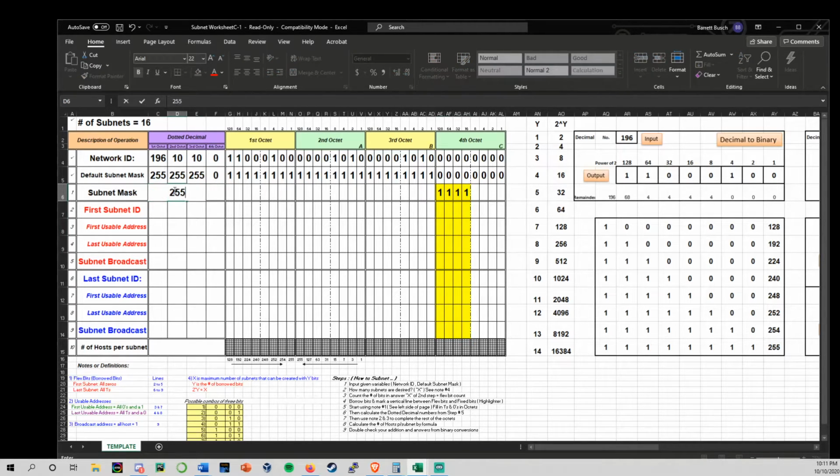So we know that these are going to be all the same. Here we have to add zeros. So now if we add up the 4 bits here followed by zeros, we can consult this chart. We can see that this is going to be 240.